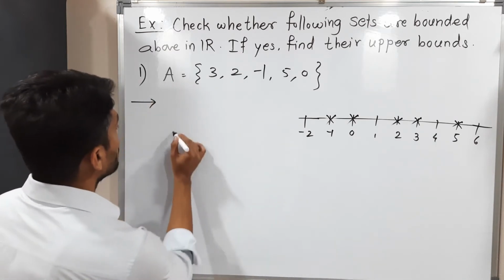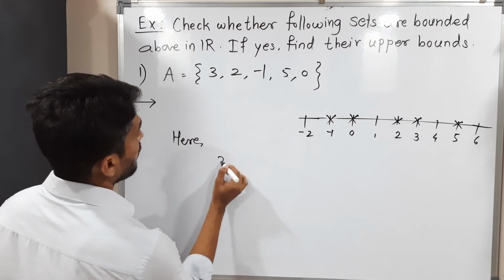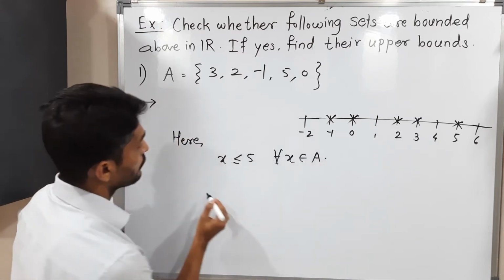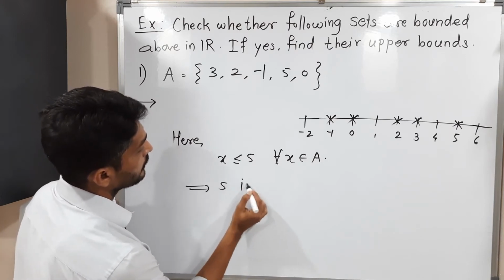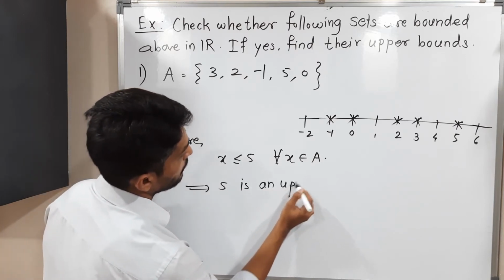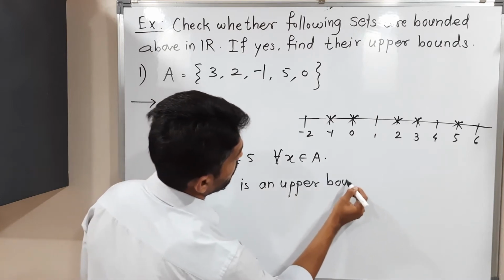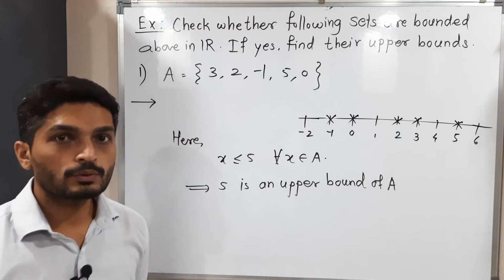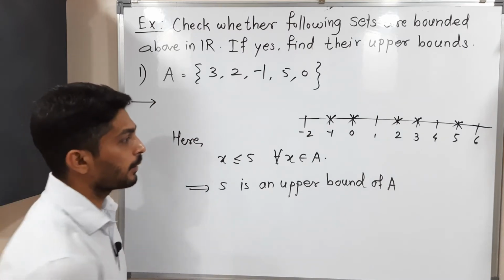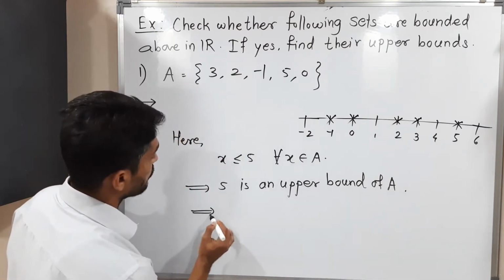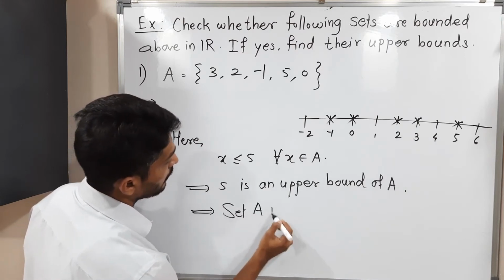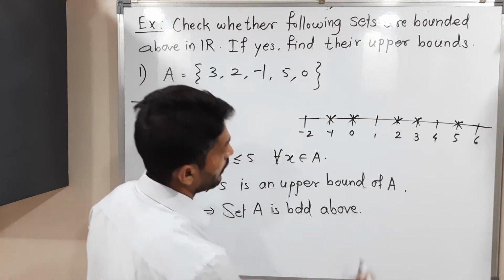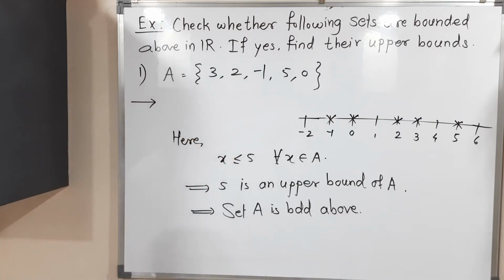You can write x less than or equal to 5 for all x belongs to A. So therefore we can declare 5 is an upper bound of A. So A has an upper bound, therefore set A is bounded above. In this way we finish the first example.